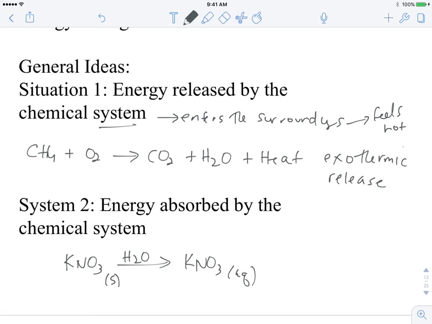This actually will absorb heat, so we would put the heat on the left side. In this case, it would feel cold. They call this endothermic. So heat is entering the system, heat is absorbed.